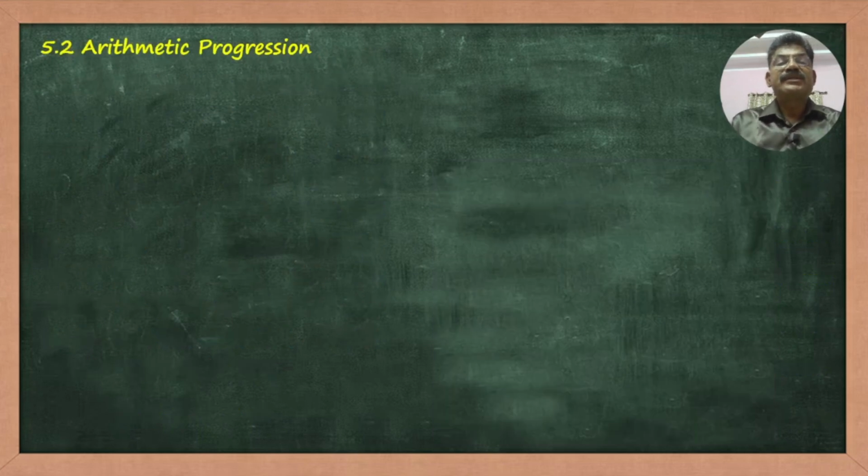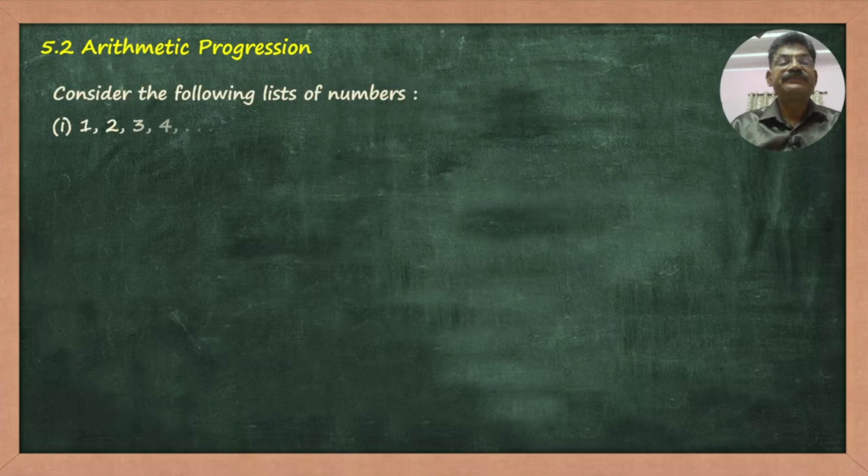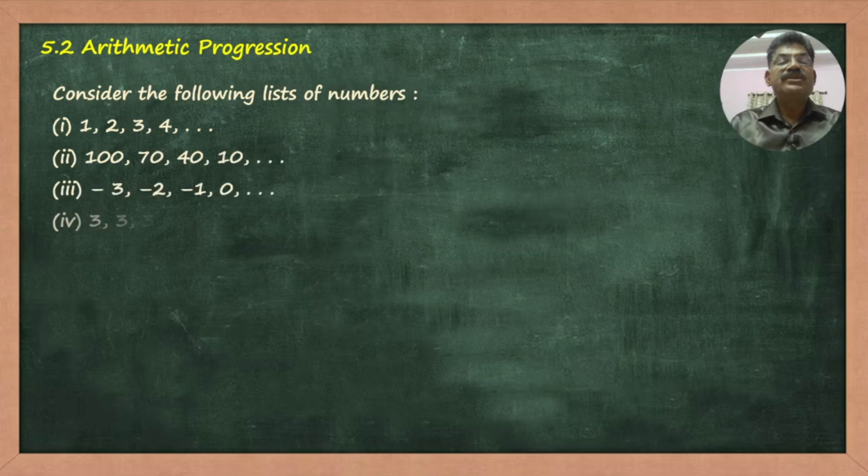Now arithmetic progression. So far we discussed certain sequences of numbers. Few are arithmetic progressions. Now let us restrict ourselves only to arithmetic progression. Let us see some examples. So first 1, 2, 3, 4, 5, 6 and so on.